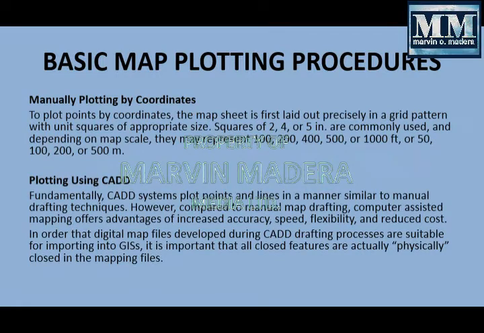So take note that in this portion, we know already the procedure for manual mapping using grids. And for plotting with CAD, for minute or small details, you should have them physically closed in the mapping files.